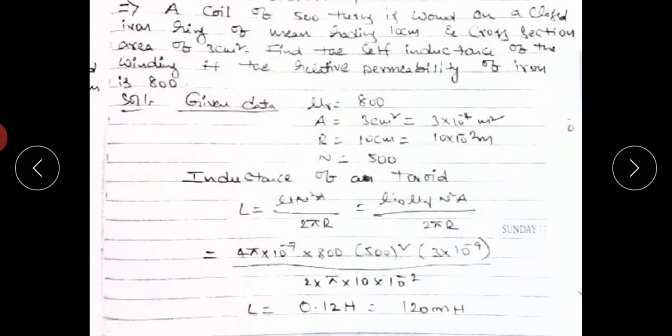Here capital R in the denominator is the mean radius of the toroid. If they give the radius of the coil, we use it to find the area, A equals pi r square. These two radii are different. The mean radius is the complete toroid radius, while the coil radius is only the coil radius. By using the coil radius we can find the toroid area.